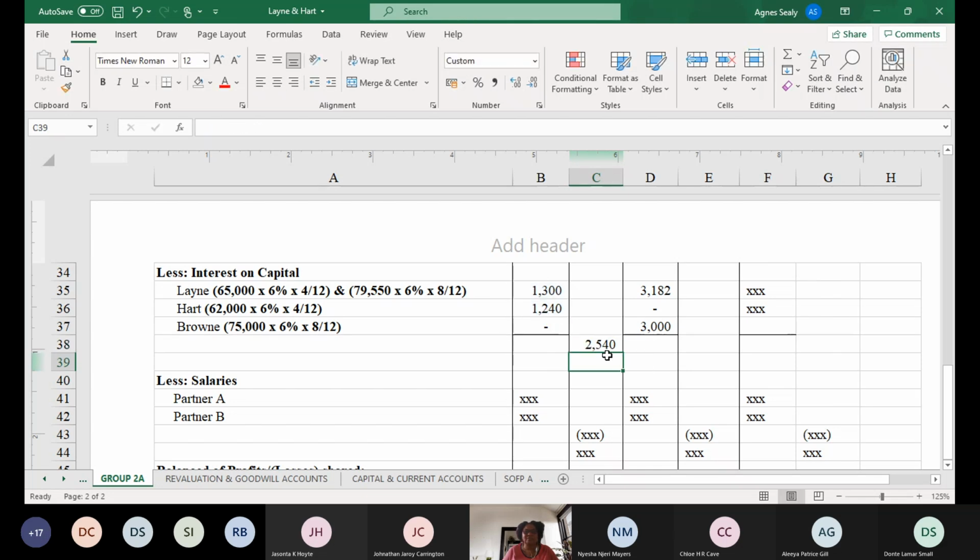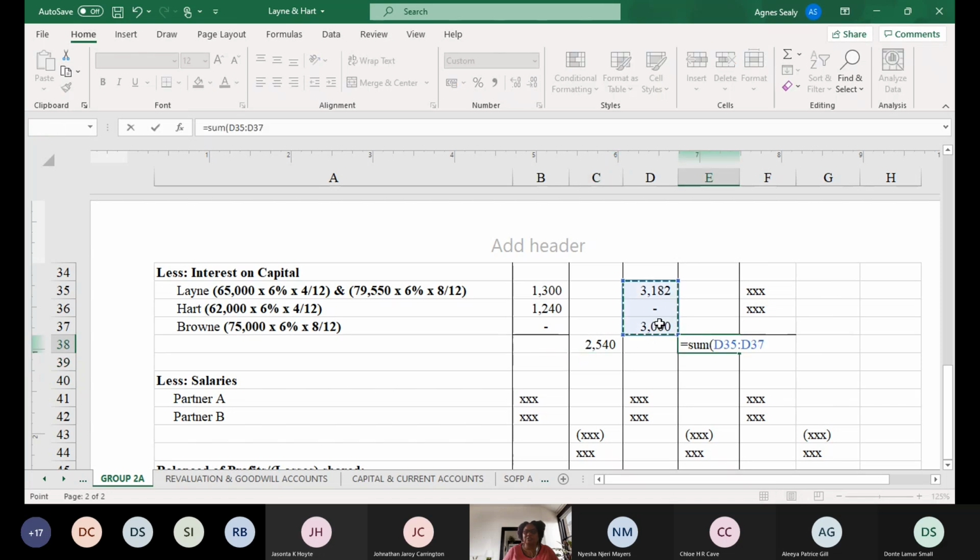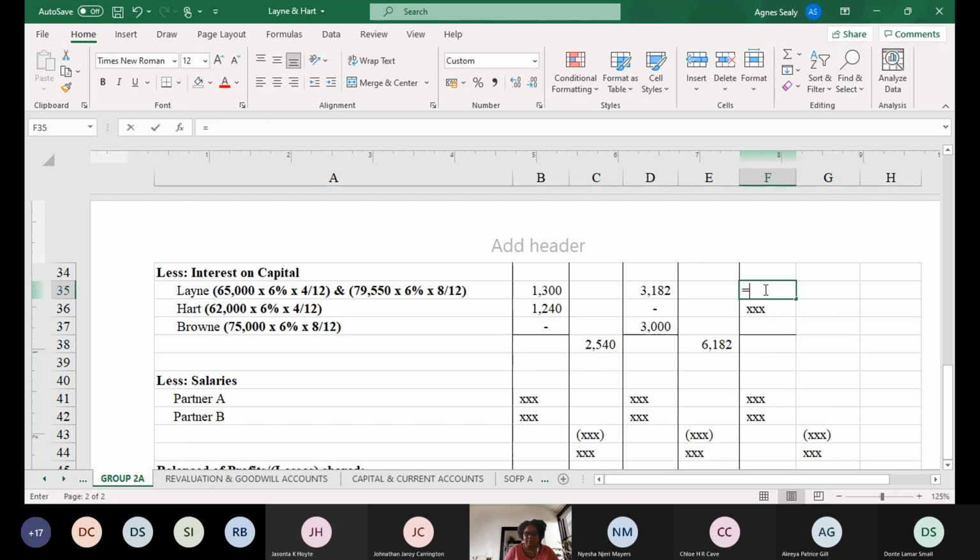So total interest on capital to be deducted under the old is 2,540, and total under the new is 6,182. Wait, Mama, Layne's is 3,180, not 82. Yeah, 3,180. Did you put 79,550 or 79,500 in your calculator? Wait, that's my mistake, sorry.